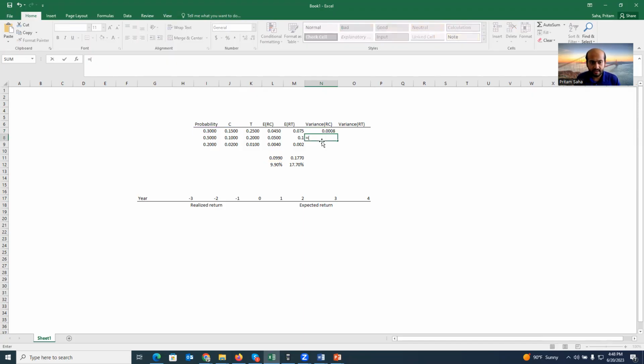Now here again, different state of the economy, your return minus this, this is constant every time. So this minus this, square, times probability. Makes sense?